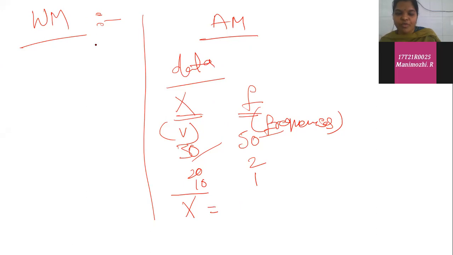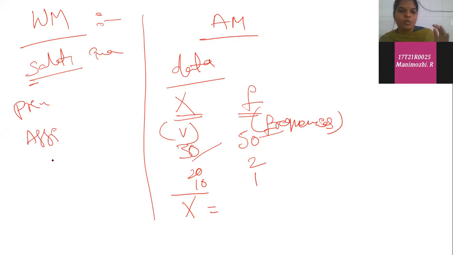And in case of weighted mean, suppose you need to compare the salaries of teachers in an organization. It may vary across different grades, no? We have a principal, an assistant professor, a lecturer, like that the categories are.